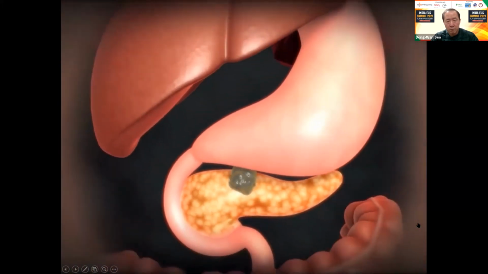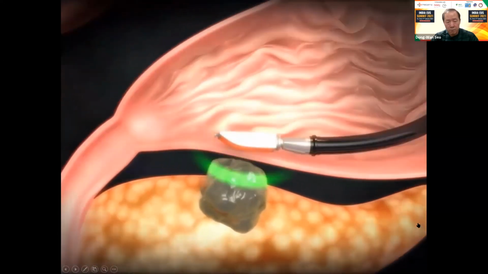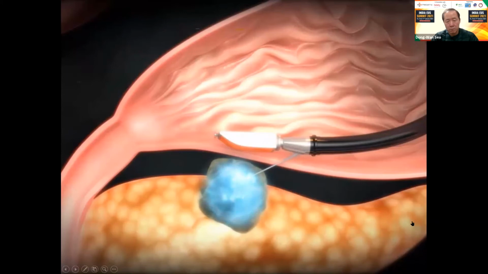Under linear EUS view, we can identify the cyst, inject the needle, and aspirate the cystic fluid. After aspiration, we can inject ethanol again and re-aspirate and re-inject. This is called ethanol lavage. After lavage, if necessary, we can instill a small amount of paclitaxel inside the tumor.